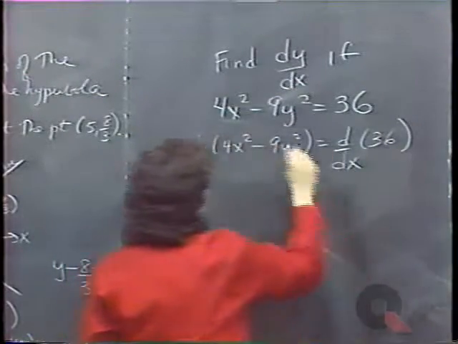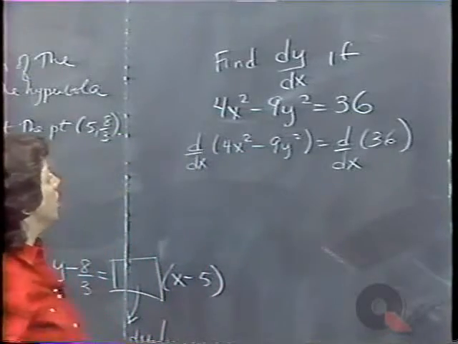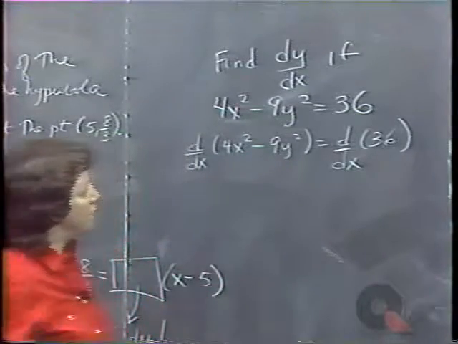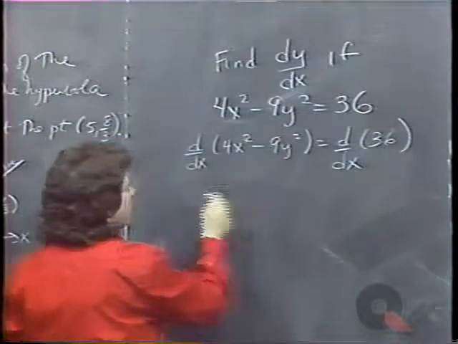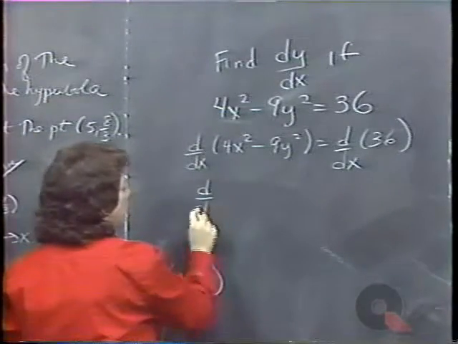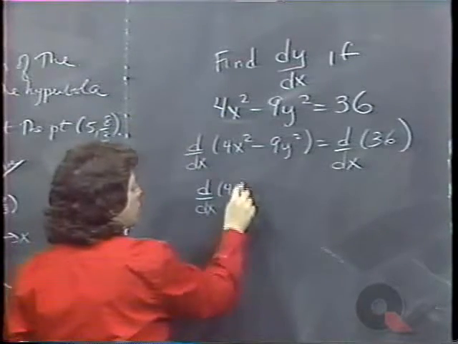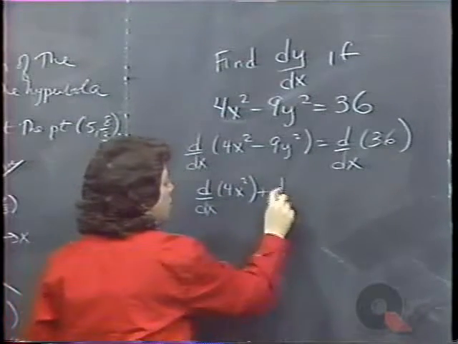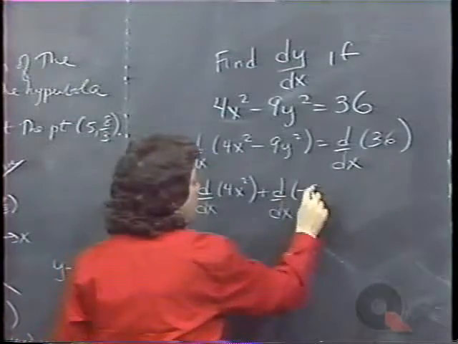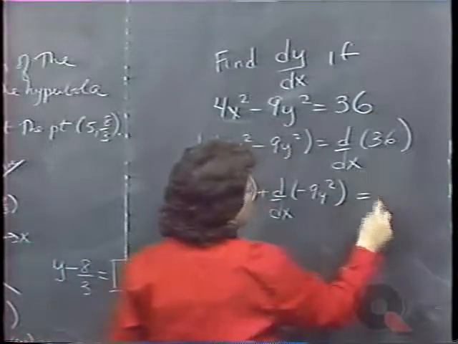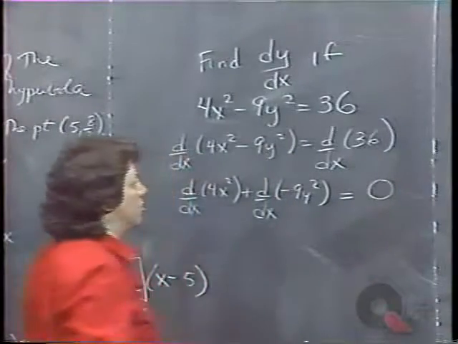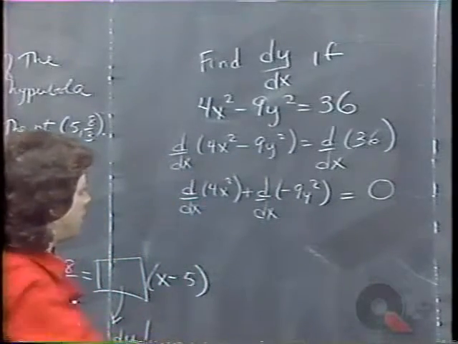So the derivative of 4x squared minus 9y squared with respect to x equals the derivative of 36 with respect to x. This can be written as the derivative of 4x squared with respect to x plus the derivative of minus 9y squared with respect to x equals the derivative of 36, of course, which is 0, with respect to x.